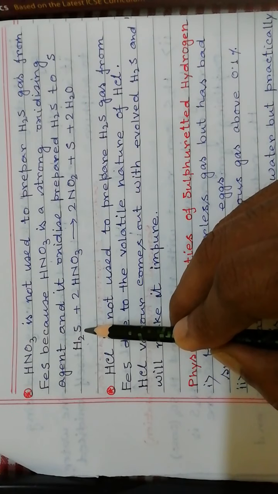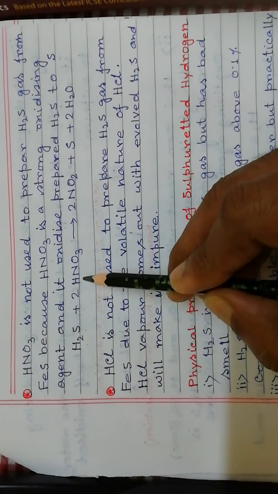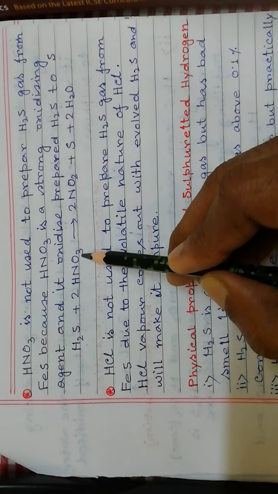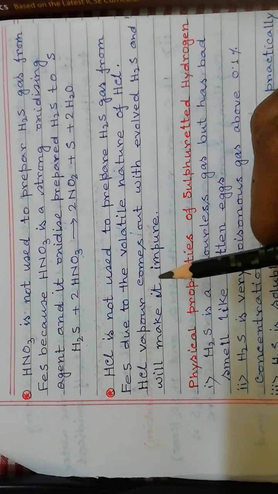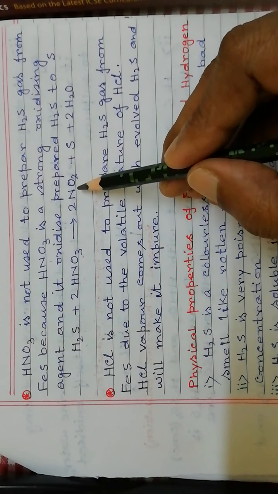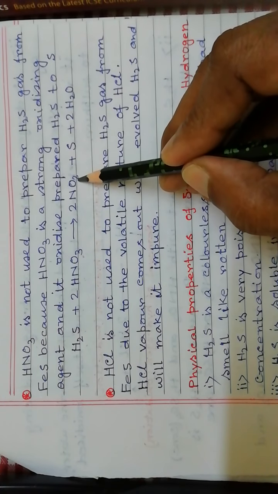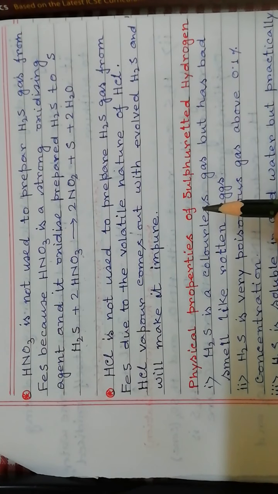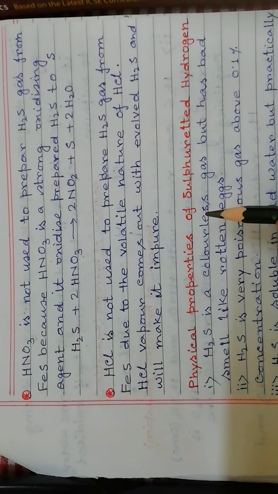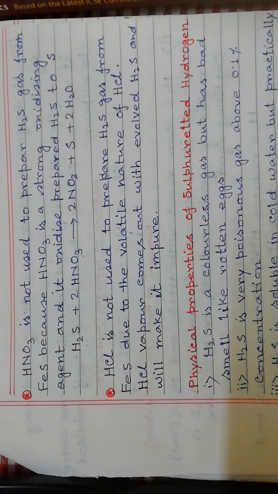So H2S reacts with excess nitric acid in the flask to form nitrogen dioxide, sulfur and water. So the preparation of H2S gas is hampered. So HNO3 is not used due to its strong oxidizing property.